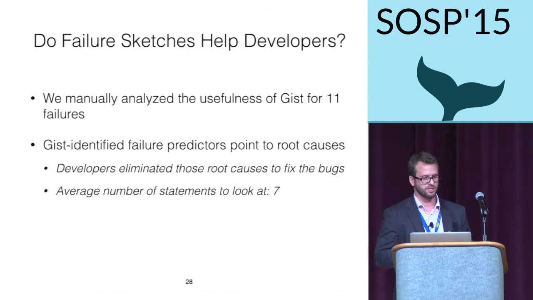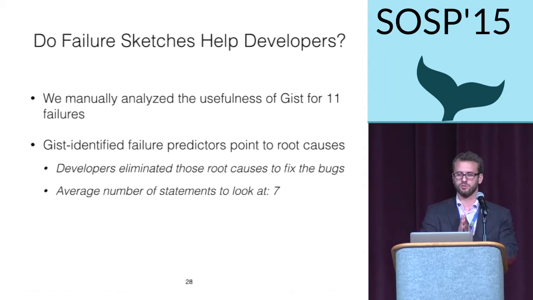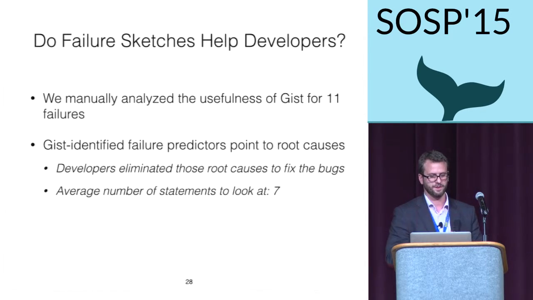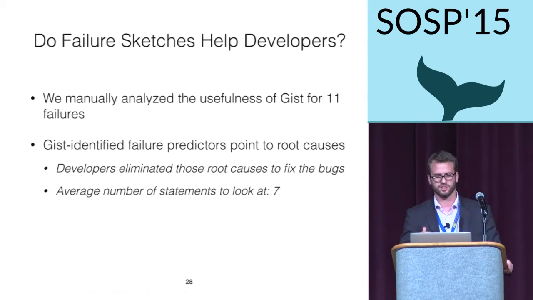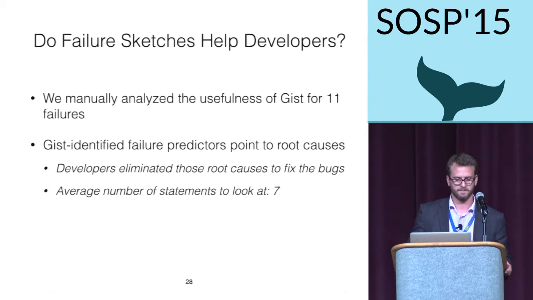To answer the question of whether failure sketches help developers do root cause diagnosis, we manually analyzed the failure sketches of 11 failures for which we had GIST built failure sketches. We determined that the root causes identified by GIST indeed point to the root causes of the failures that developers ended up eliminating.